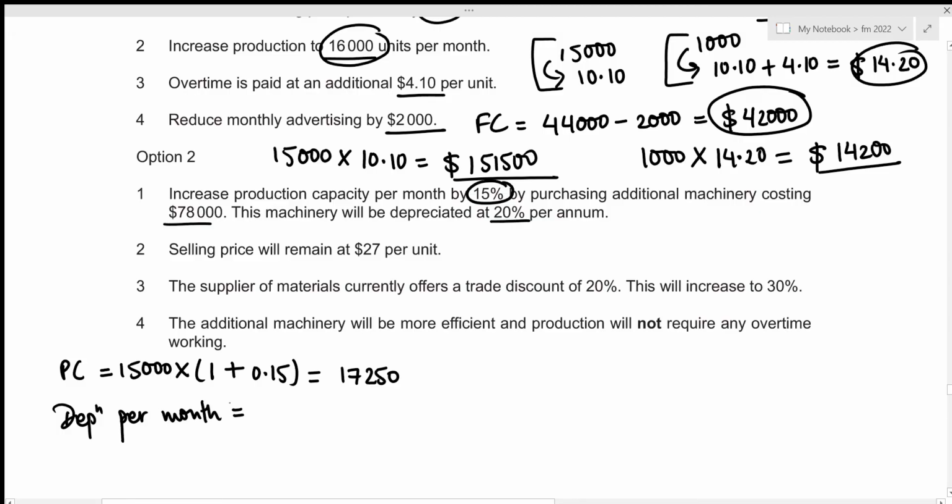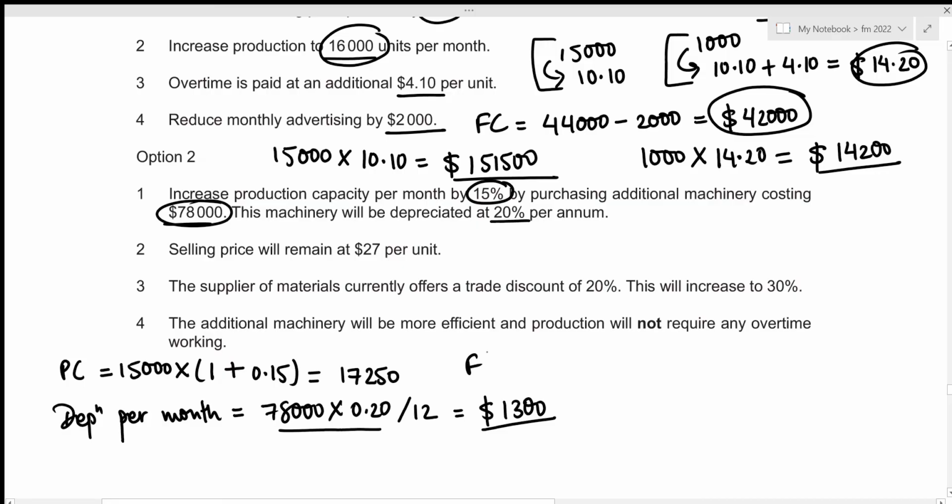We have the cost of 78,000 and our depreciation rate is 20%, so we multiply by 0.20, but this gives our annual depreciation, which corresponds to 12 months. We only require the depreciation per month, so we divide by 12, and that gives 78,000 times 0.20 divided by 12, which results in 1,300.